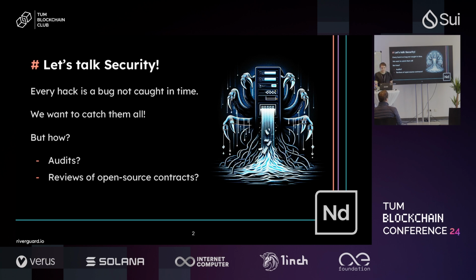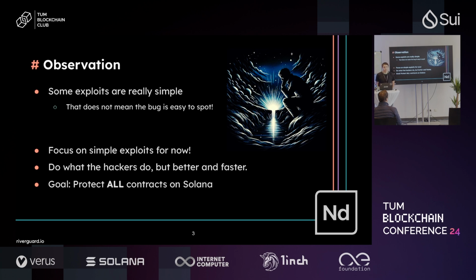However, we had an observation, because we had a lot of war rooms after exploits or hacks happened, and we saw that a lot of these bugs that were used were pretty simple. Like, the bug was not super simple to spot at all. However, the user only had to interact with the protocol with 1 or 2 transactions, and then he was able to exfiltrate money somehow.